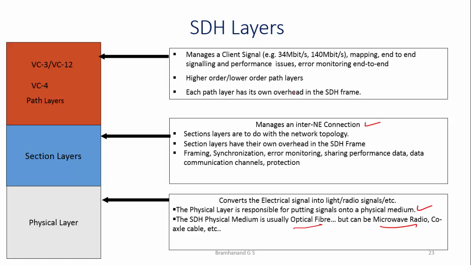Each path layer has its own overhead in the SDH frame for monitoring the data from end to end. So this is a high-level summary of SDH layers. In a different session, we're going to see the section overhead and path overhead functionalities.